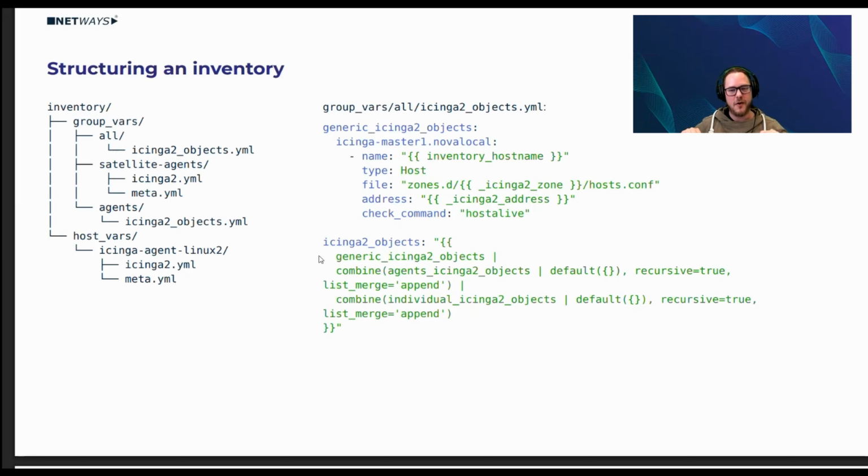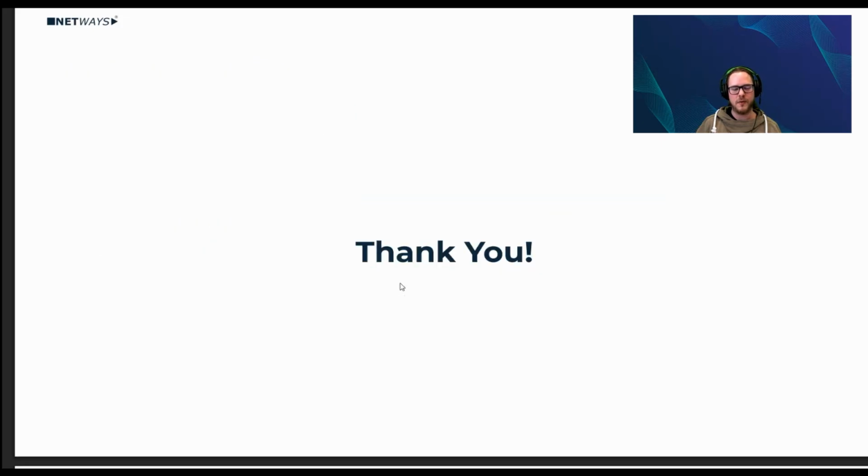We combine the generic Icinga 2 objects up here with our agent-specific Icinga 2 objects, and also combine it with our individual Icinga 2 objects on a per host basis. This results in a huge dictionary, which is great for us because we didn't have to merge it ourselves. We just have to write a little bit of code right here, a little bit of Jinja.